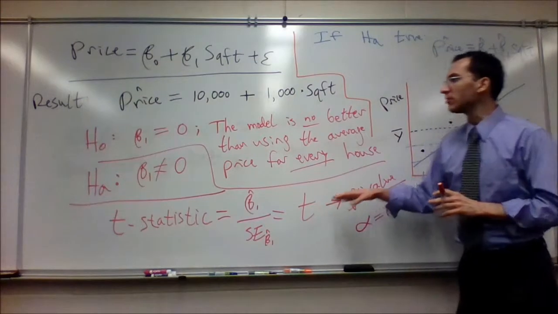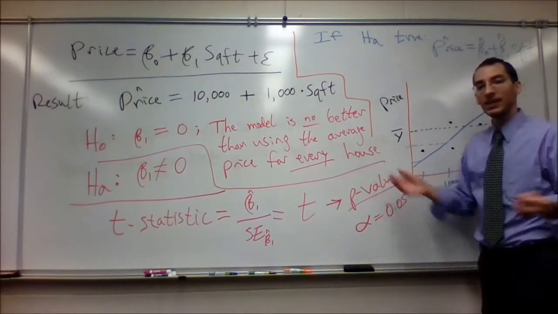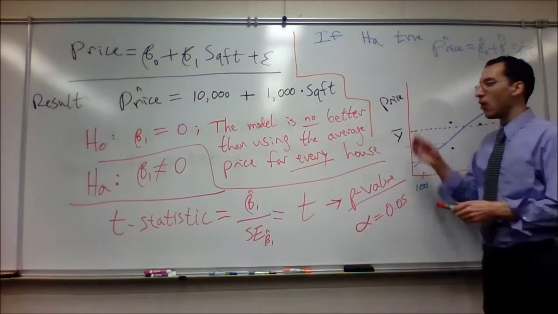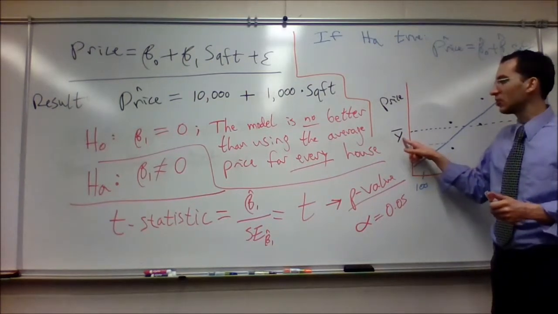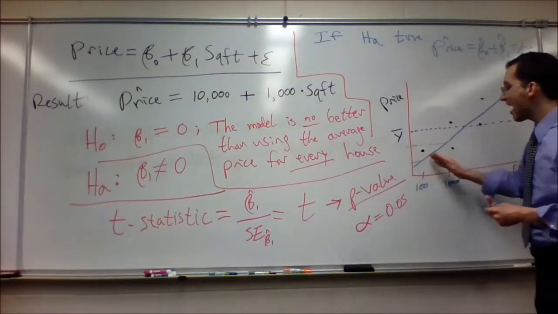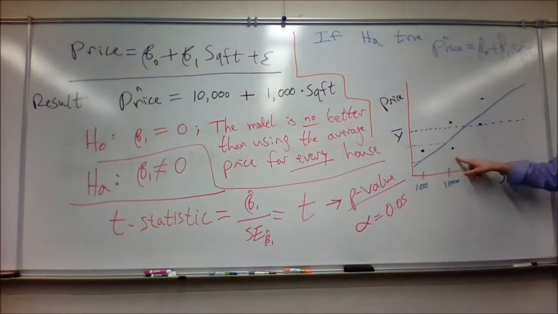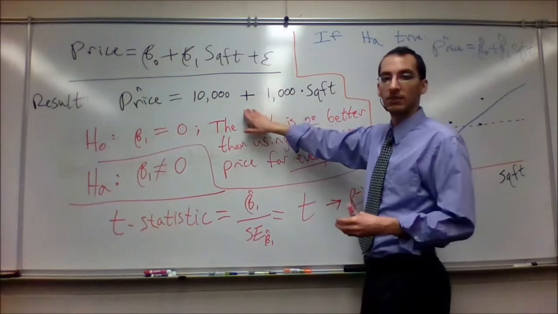So again, all we're doing is saying, for all the houses in my data, do they all have the same average price, which is just the average of the prices? Or does that average change depending on which square feet I'm at? And that's all a regression model tests.